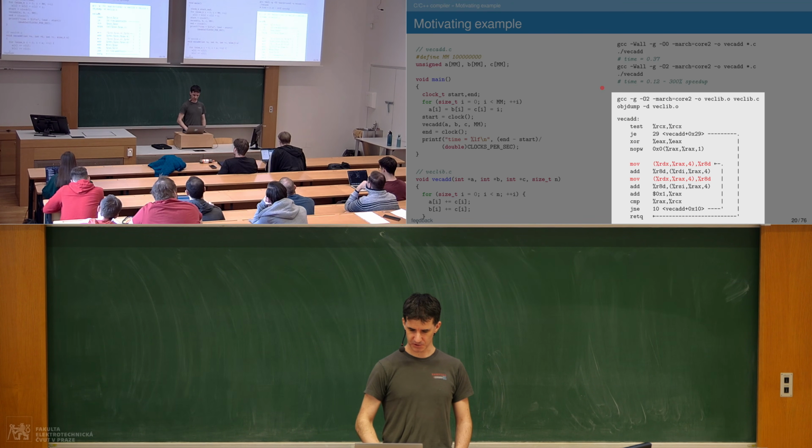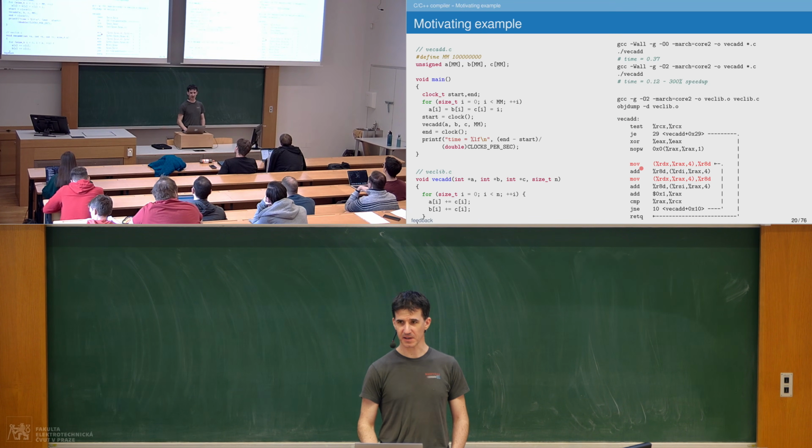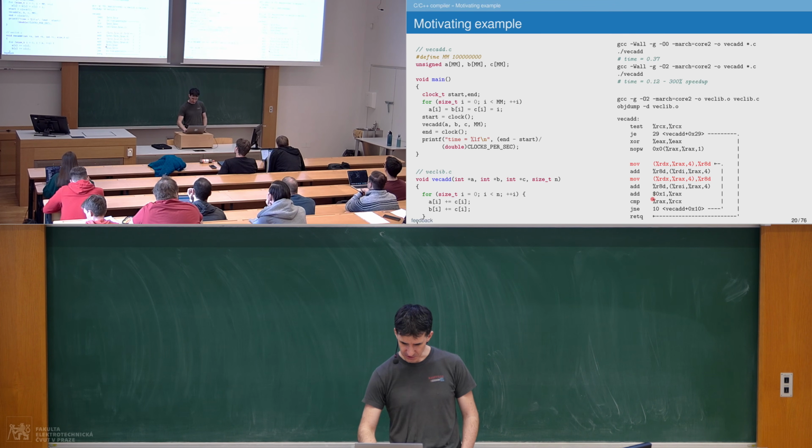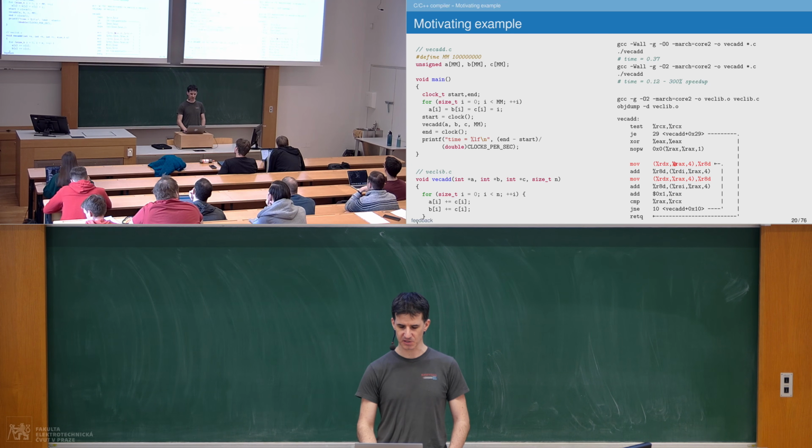And that's actually a question for you. Does anybody know why the same instruction, basically what this is? Take the address stored in RDX plus RAX multiplied by 4. And you see RAX, we increment by 1 here. So RAX is the register which most likely stores this I variable.